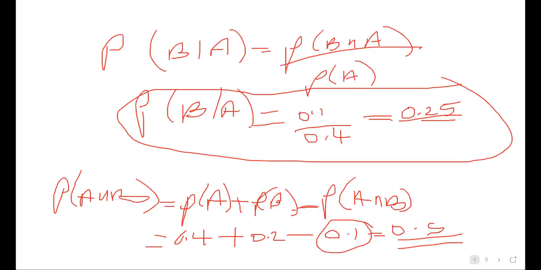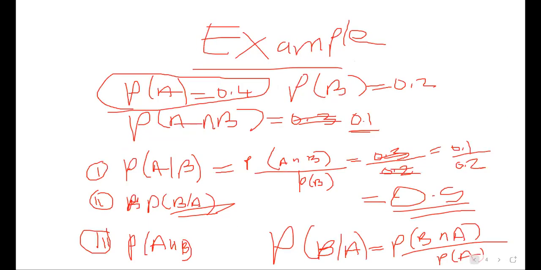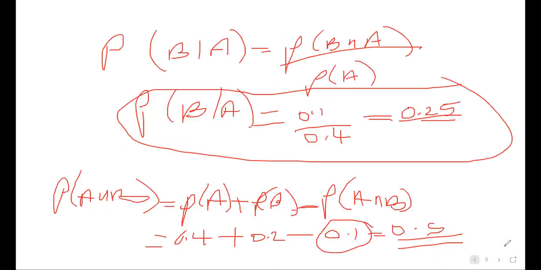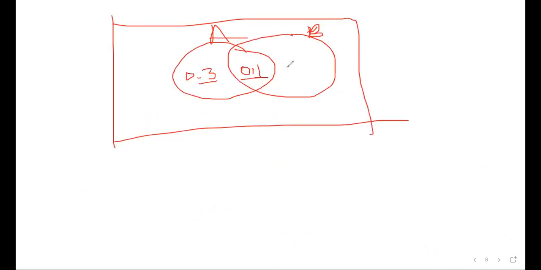For B, 0.2. So it means what we are going to have here is 0.1. So B is 0.2.